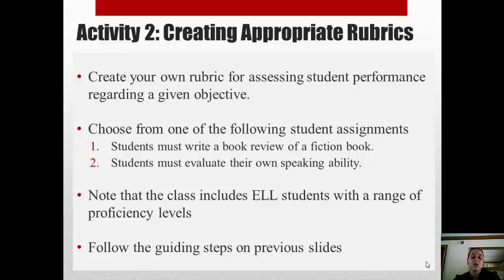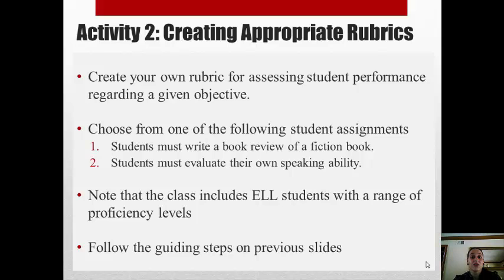And I'd like you, with the rubric, to provide a paragraph where you discuss and describe why you chose this particular rubric and how you went about coming up with the different scales, the different weighting points, and how you described each level on the rubric.